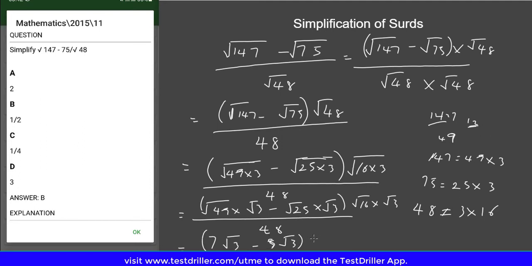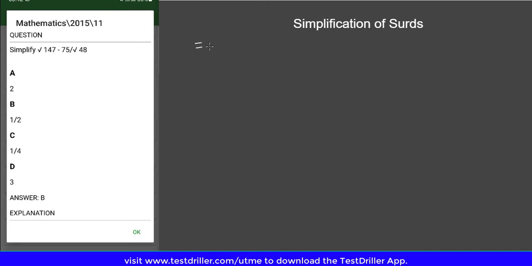Then everything times 4 root 3 divided by 48. So the next phase is for us to break it down further, which we're going to do on the next page. So let's bring what we have so far. That is (7 root 3 minus 5 root 3) into bracket 4 root 3 divided by 48.